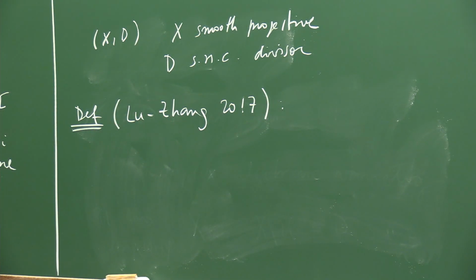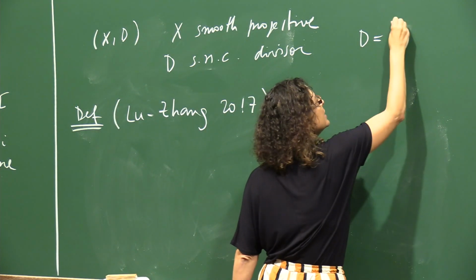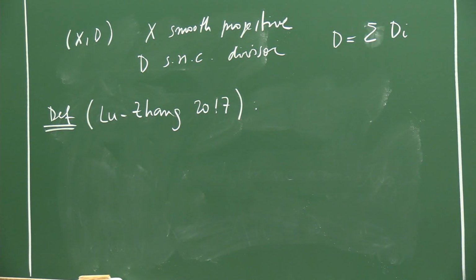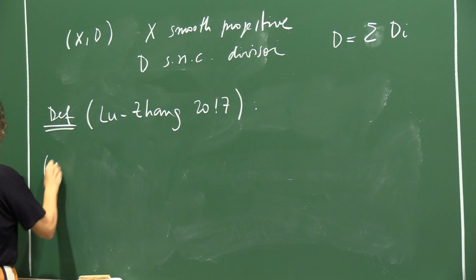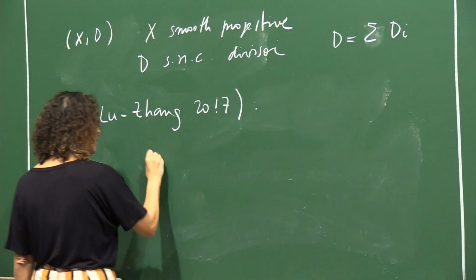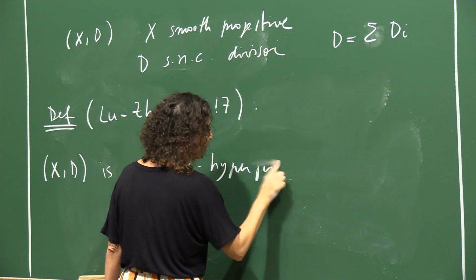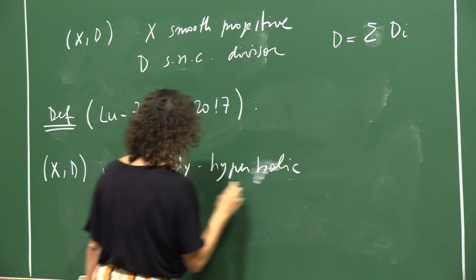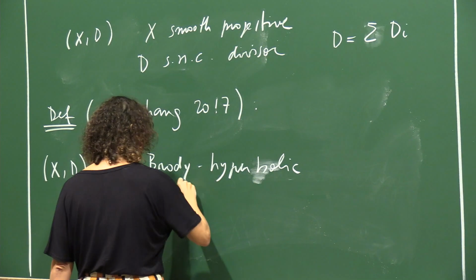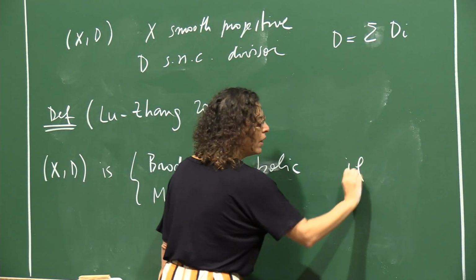They propose the following notion. Let me write D as a sum of the components D_i, the irreducible components. They define the pair (X, D) to be broadly hyperbolic, and they also introduce the weaker notion of Mori hyperbolic, if the following holds.